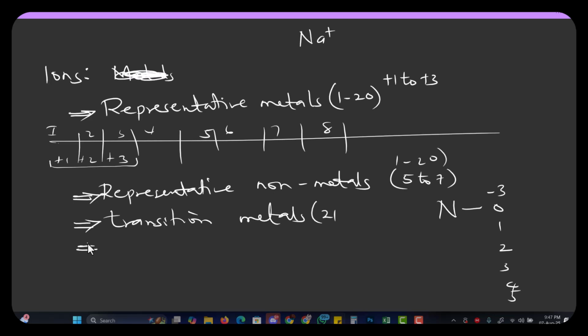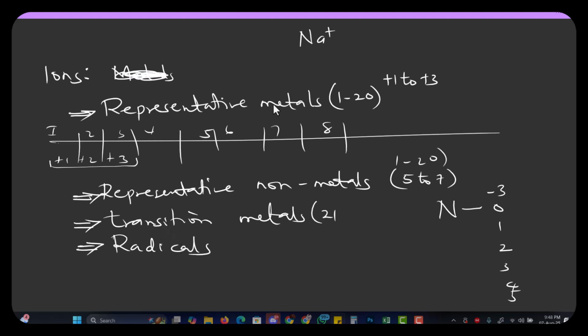And the last group of ions that we're going to talk about is the radicals. So in this chemistry, if we're doing anything about ions, ions are going to come from metals, from non-metals, from transition metals, and from radicals.